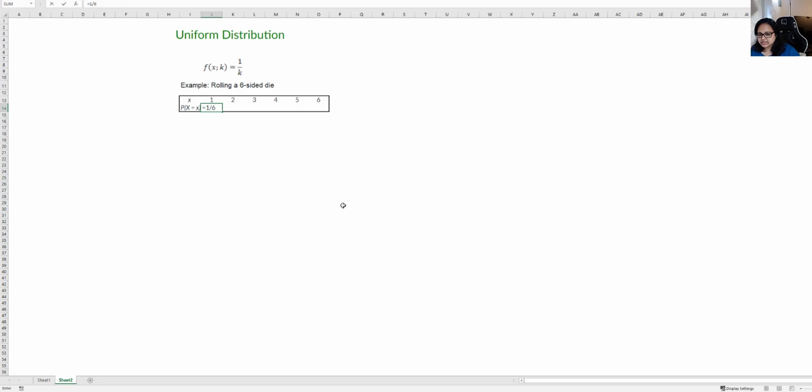So the number of possibilities is 6, since it's 6-sided, it could be any of them. So the probability of getting 1, if we throw once, would be 0.167, and the same thing for all of them. We don't have any more outcomes here, so we only have 6 outcomes.